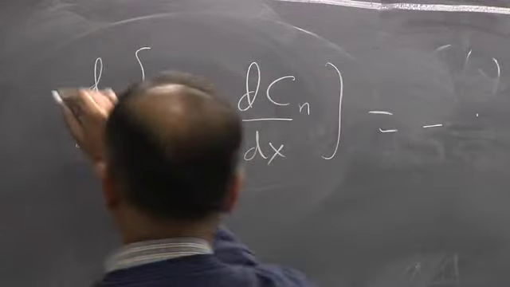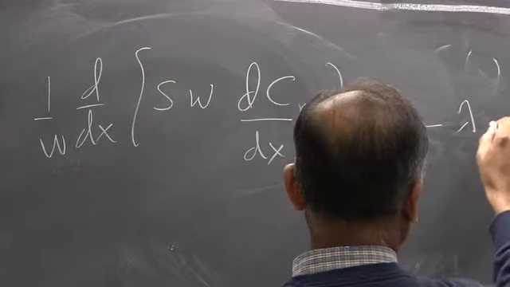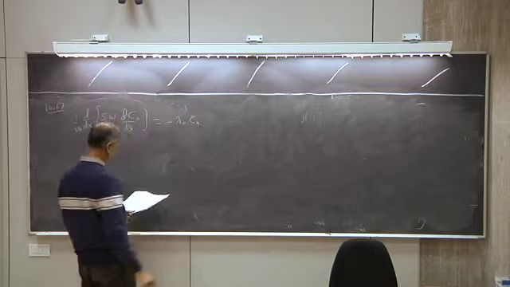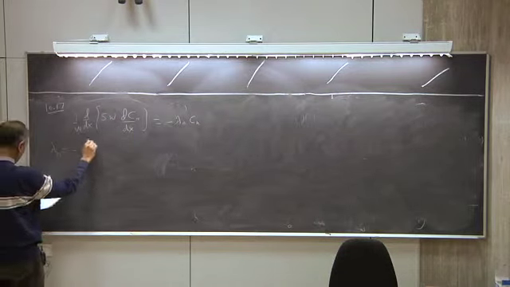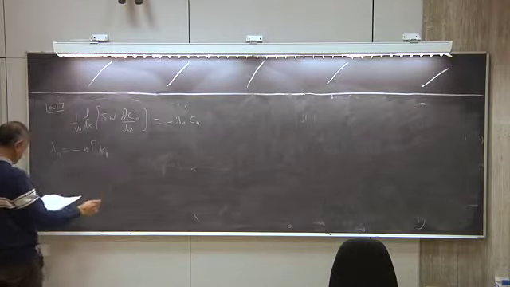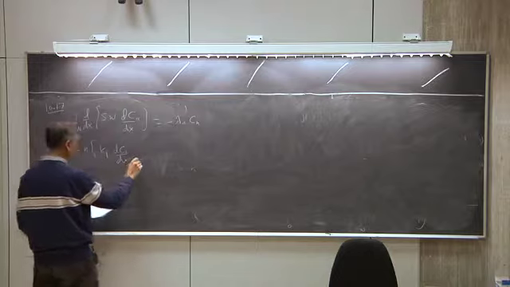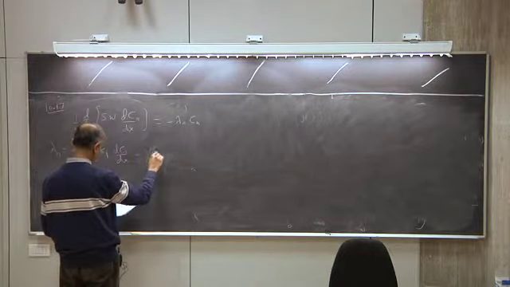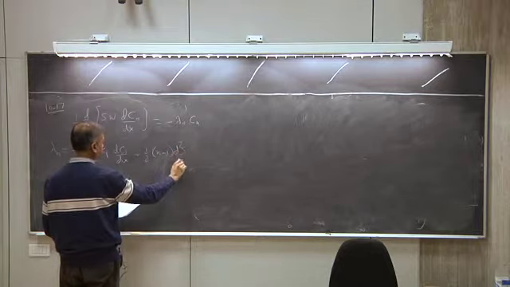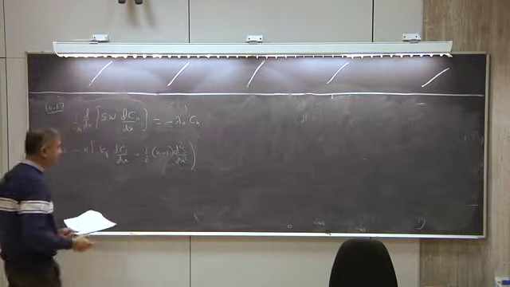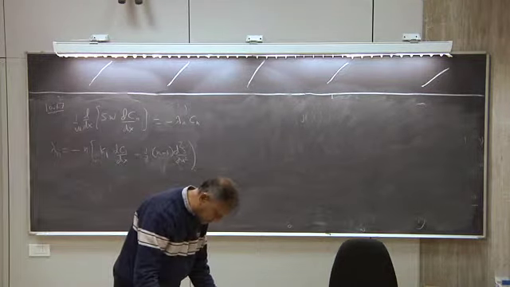Let me divide by w here, minus lambda n Cn, right? Where lambda n was defined as minus n times K1 dC1 by dx plus half n minus 1 d2s by dx2. So we need to determine this, and what was s?